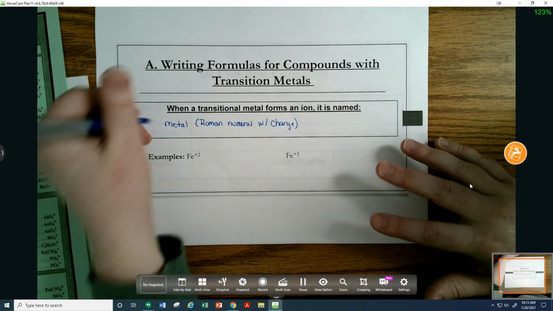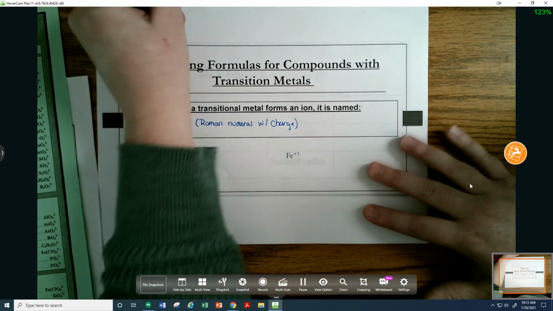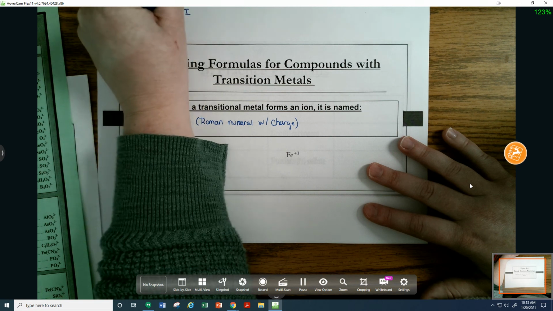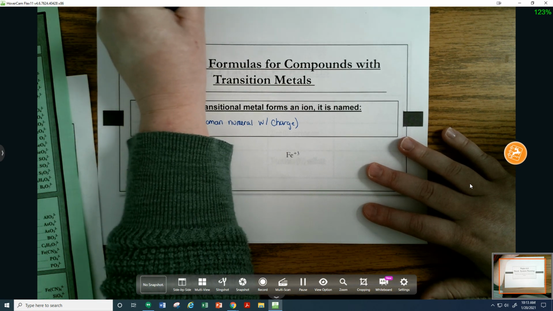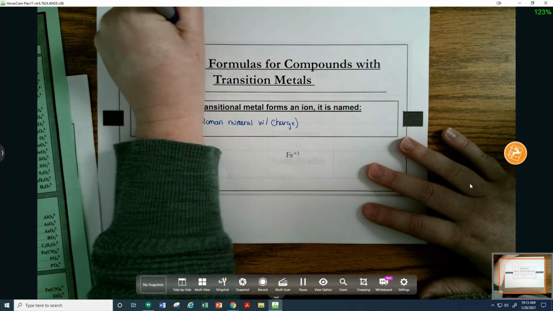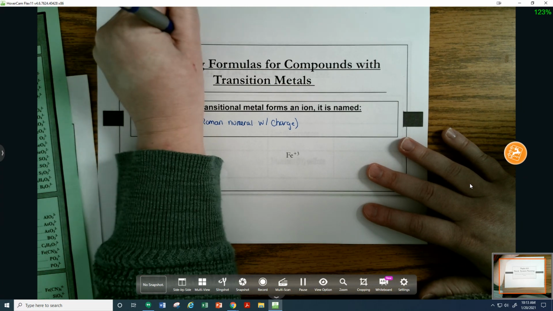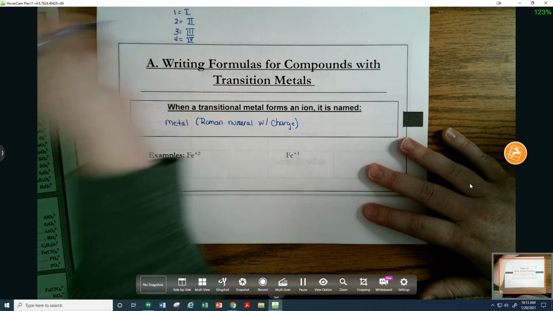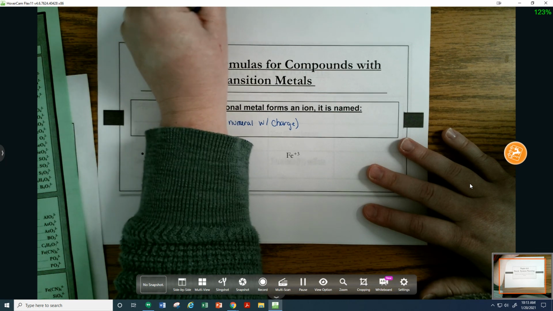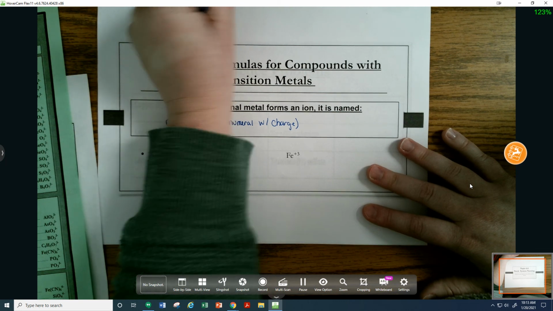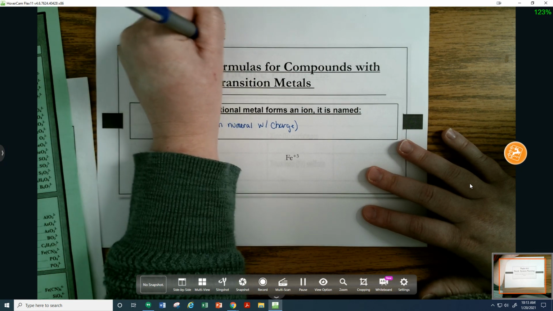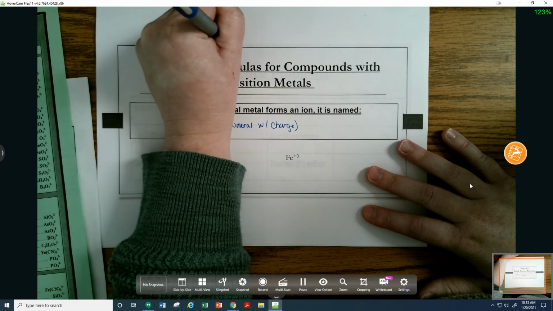Just to recap, in case you don't know your Roman numerals: the number 1 we show as I, 2 is II, 3 is III, 4 we show as IV, 5 is V, 6 is VI, 7 is VII, and 8 is VIII.